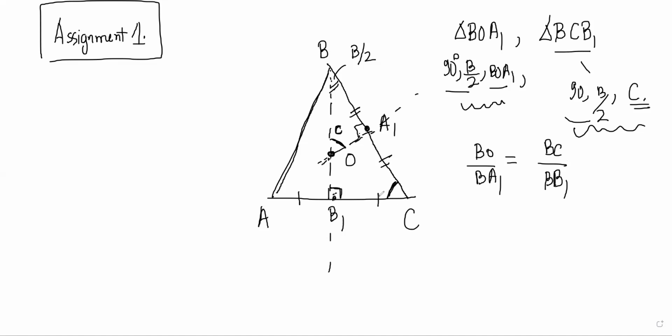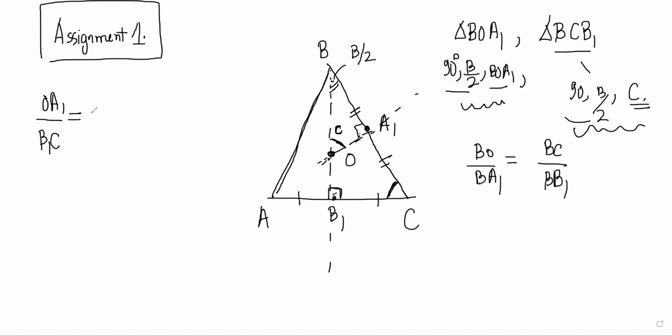We can write it in a simpler way also. What is the side opposite B by 2 in the small triangle? It is OA1. And side opposite to B by 2 in the big triangle is B1C.